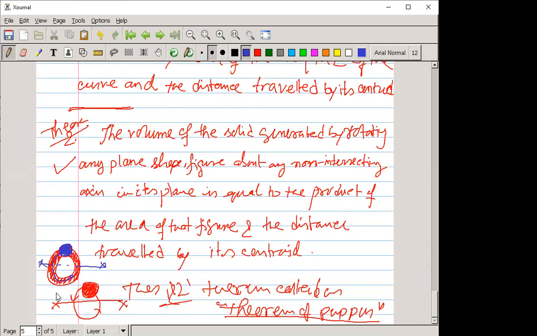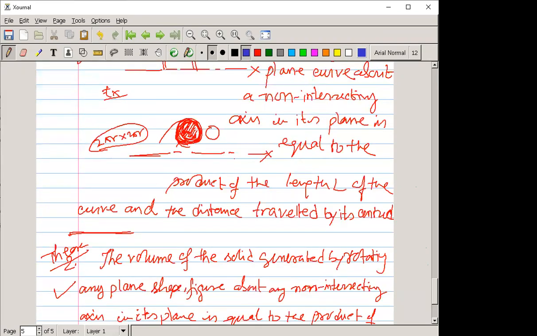So what is the volume? The volume is the circular plane area multiplied by the distance traveled by its centroid. So theorem 2 is for finding the volume from the Pappus theorem, and theorem 1 is for finding the surface area from the Pappus theorem.